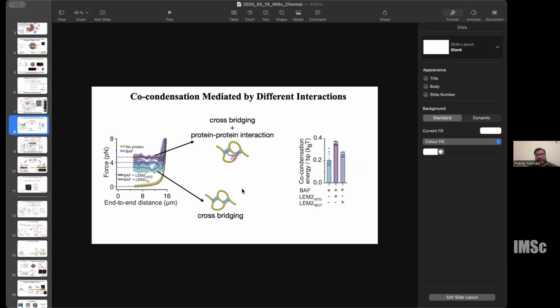We don't know the internal structure of the DNA inside these co-condensates, and that will be really interesting to check. As for your first question, there is no ATP in this co-condensate, so the whole co-condensate is passive in some sense.